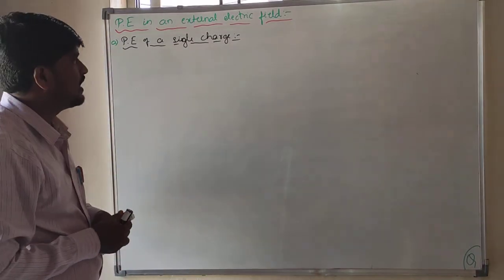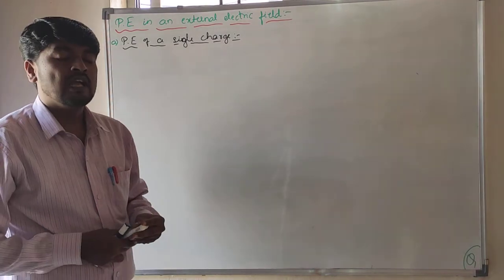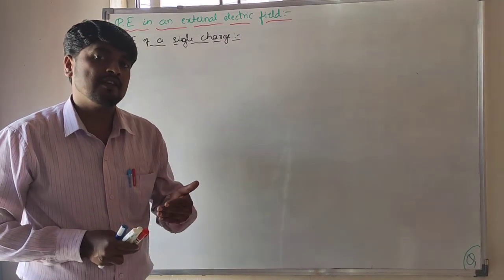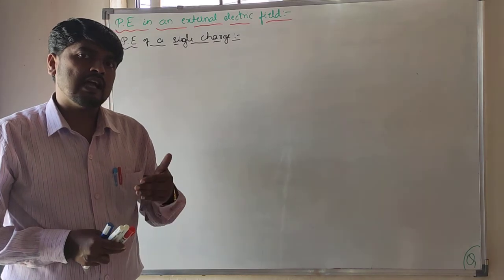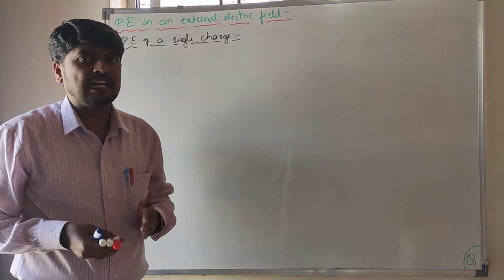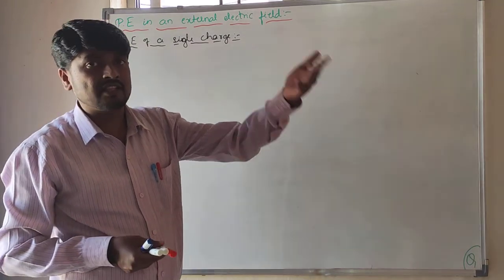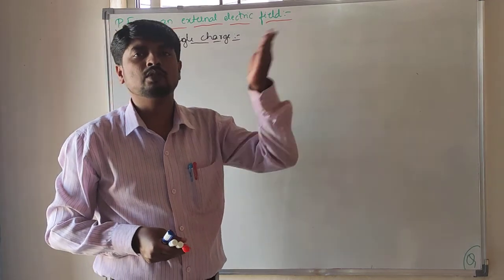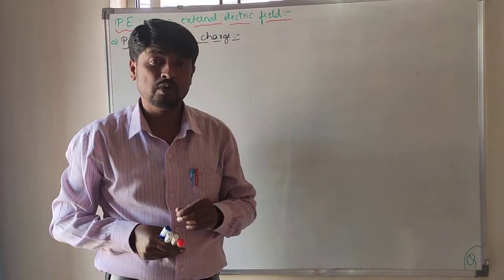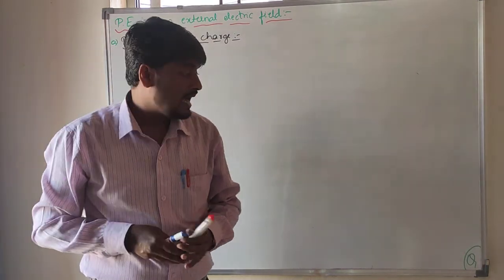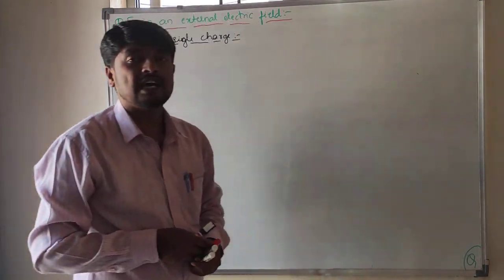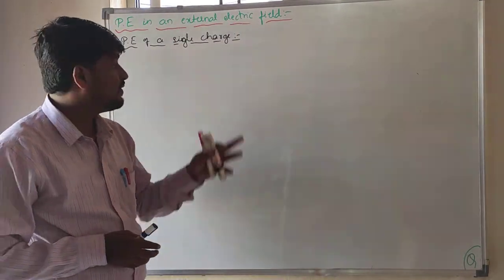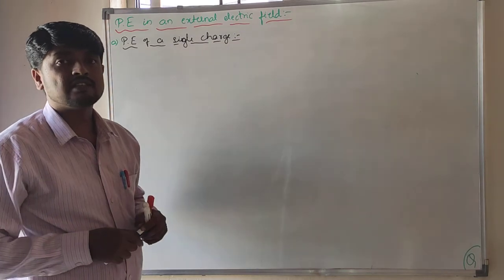Now friends, already we know that if there is a charge producing an electric field, and with respect to that electric field I bring another charge, say a unit positive charge, from infinity to a point against the electric field, what happens? Work is done. The charge is already there, producing the electric field, and the entire board consists of electric field.